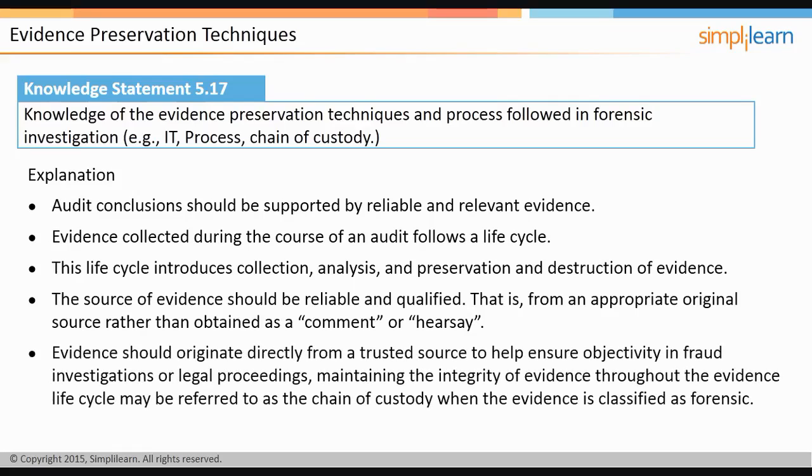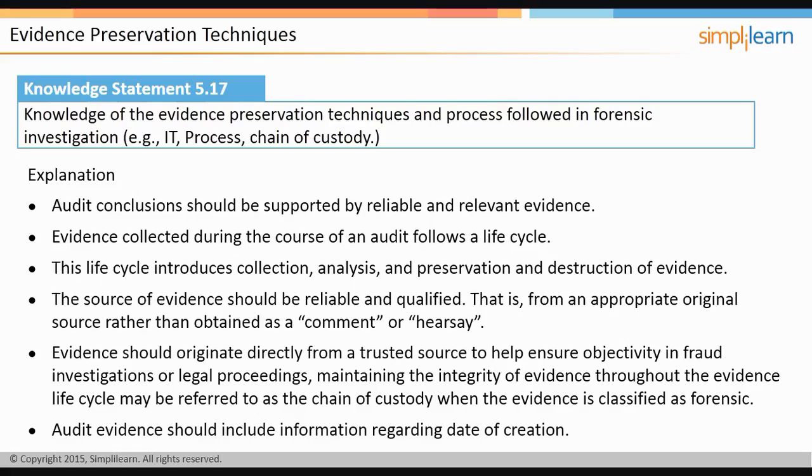Evidence should originate directly from a trusted source to help ensure objectivity in fraud investigations or legal proceedings. Maintaining the integrity of evidence throughout the evidence life cycle may be referred to as the chain of custody when the evidence is classified as forensic. Audit evidence should include information regarding date of creation.